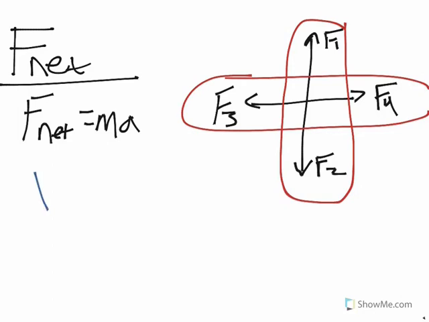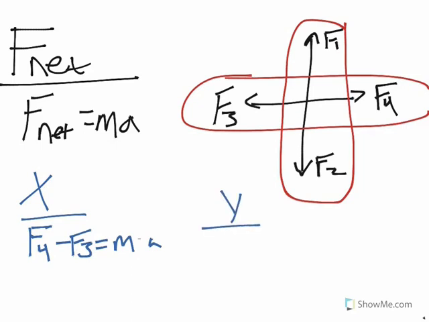And so for the x direction, for instance, we would do F4 minus F3 equals mass times acceleration. And in the y direction, we would do F1 minus F2 equals mass times acceleration.